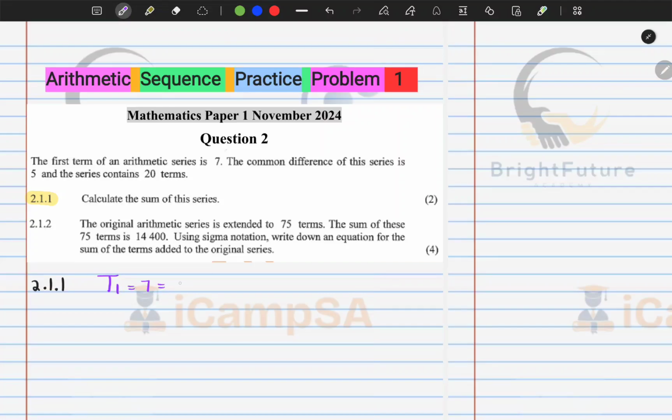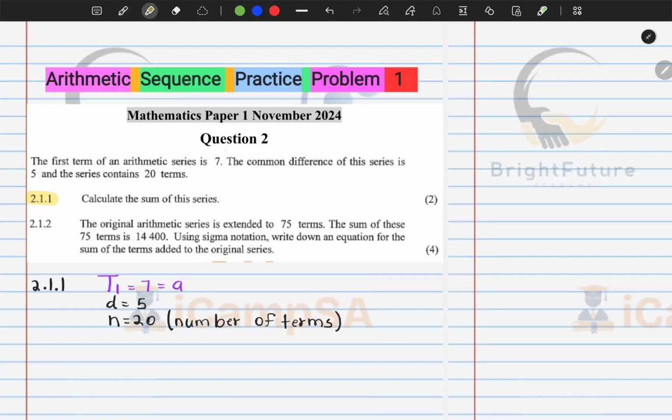So let's make note for 2.1.1. We are given the first term to be 7, and for an arithmetic sequence, our first term is always equal to a. We are also given that the difference, d, is equal to 5, and that n is 20. Remember, n is the number of terms.